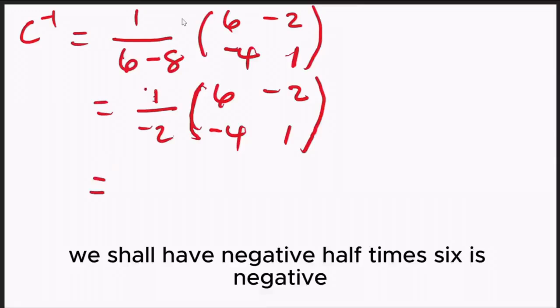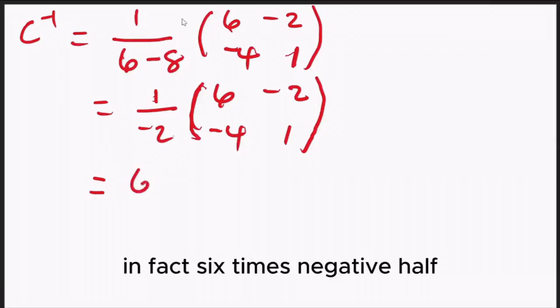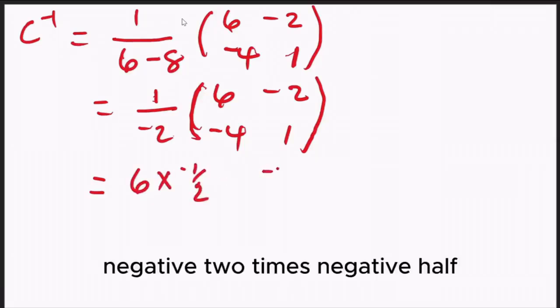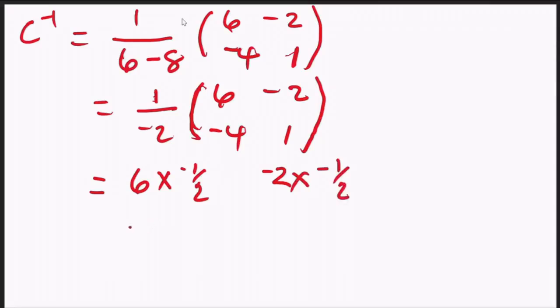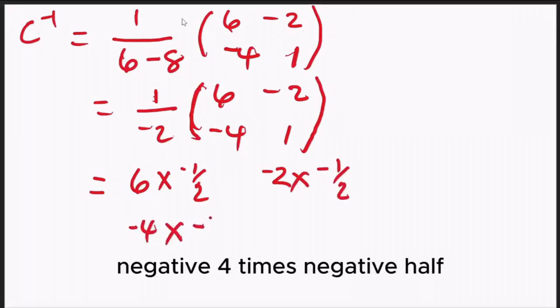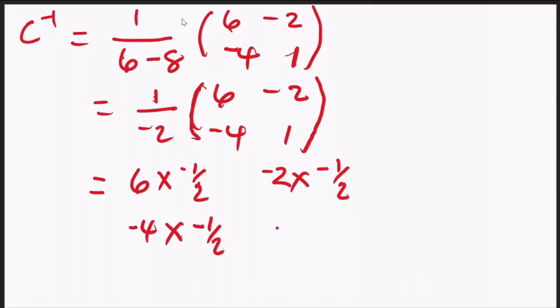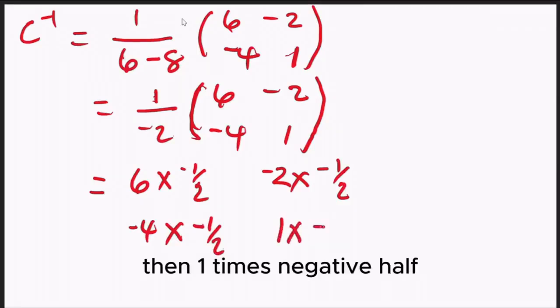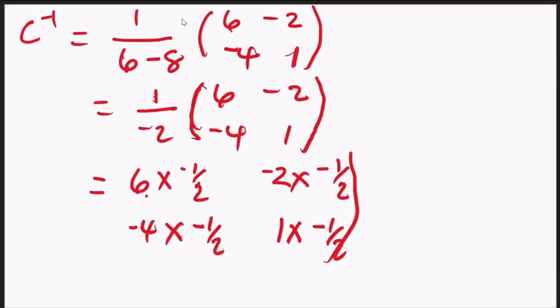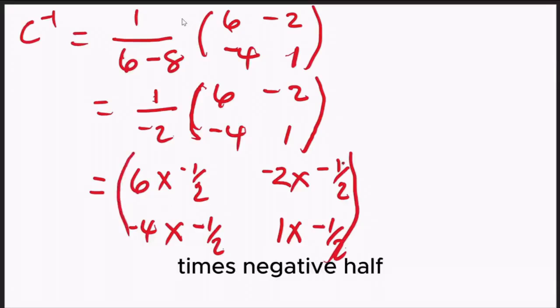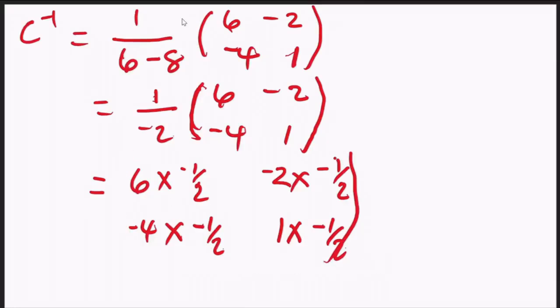So it means it will multiply all the numbers inside the bracket. So finally we shall have 6 times negative half, negative 2 times negative half, negative 4 times negative half, then 1 times negative half.